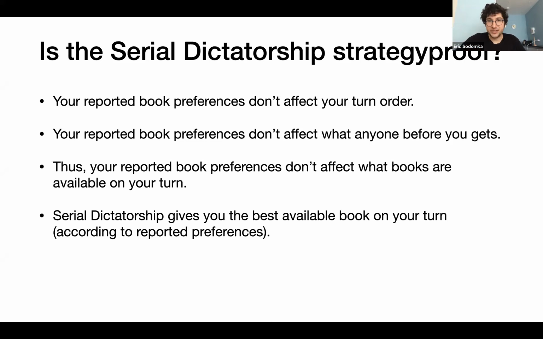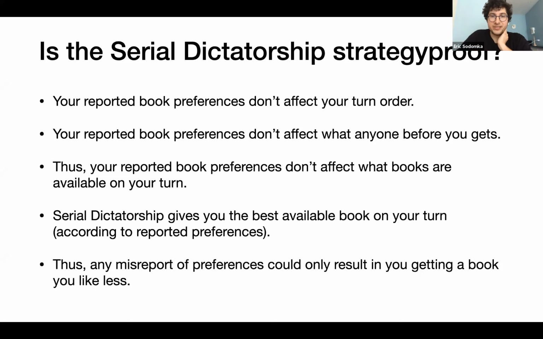And then aside from that, serial dictatorship is giving you the best available book on your turn according to what you reported. Just by the rules of serial dictatorship, when it comes to your turn, I'm going to look at your list and whatever is the most favorite of your books that is available, I'm just going to give you that book. So any misreporting you do can only result in you getting a book that you like less.